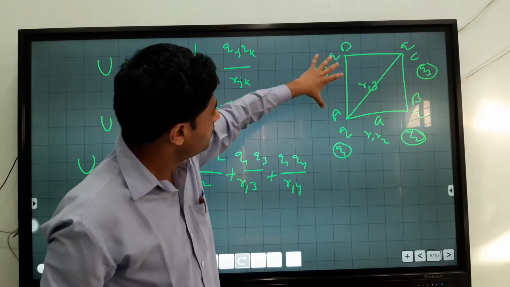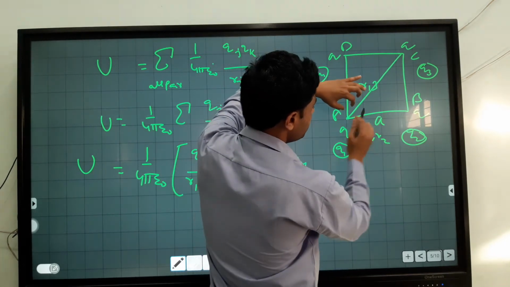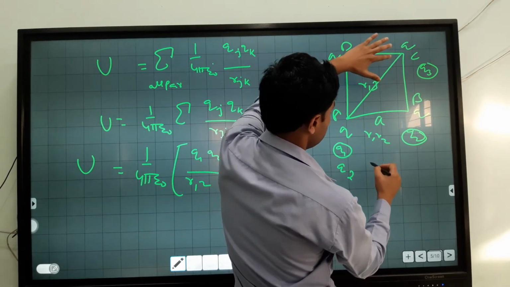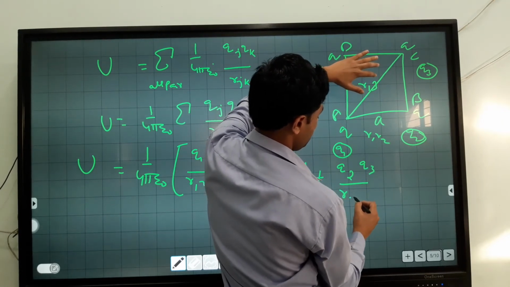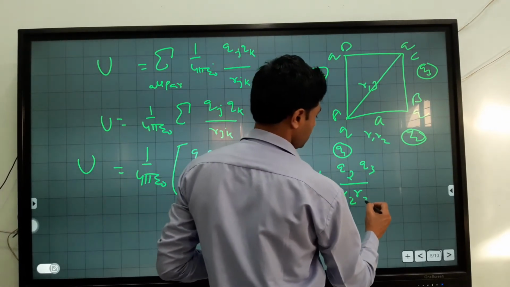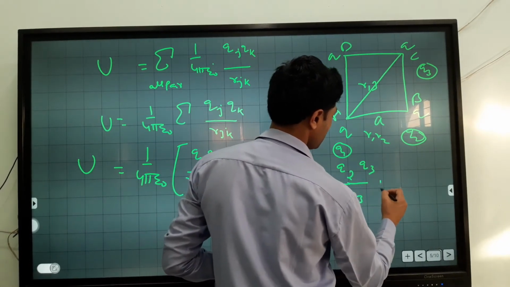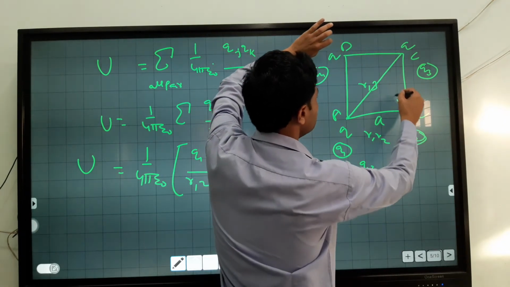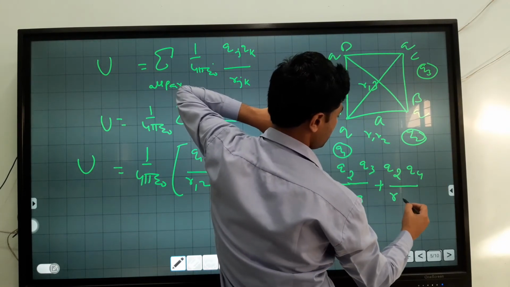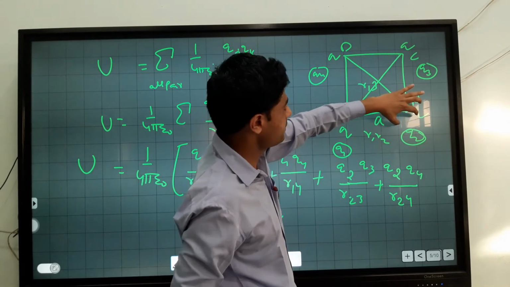For this point, the work is complete. For this charge, this pair we have already taken. So next is Q2, Q3, R2 3, plus for this point Q2, Q4, R2 4. For this point, this pair is complete.